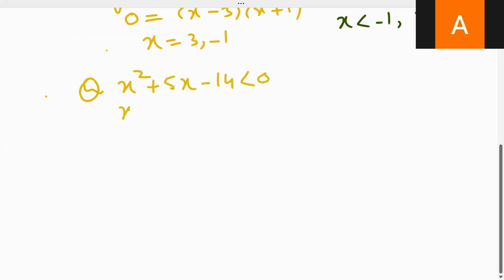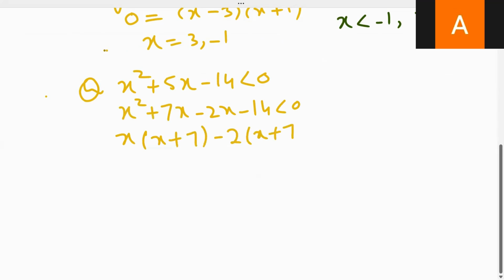First you factorize it. Factors are 7 and 2. (x + 7)(x - 2) is less than 0.